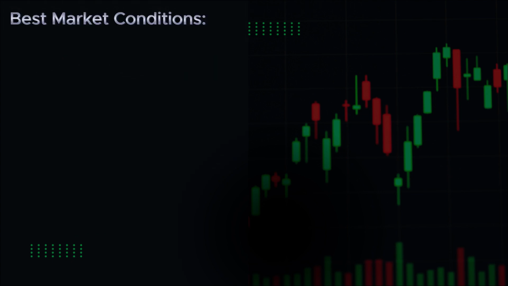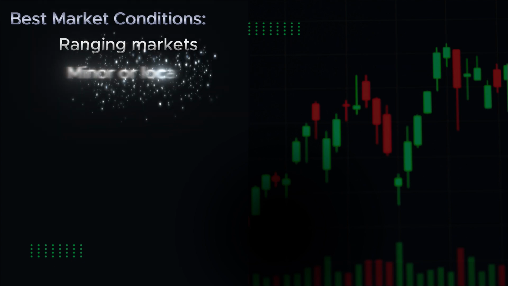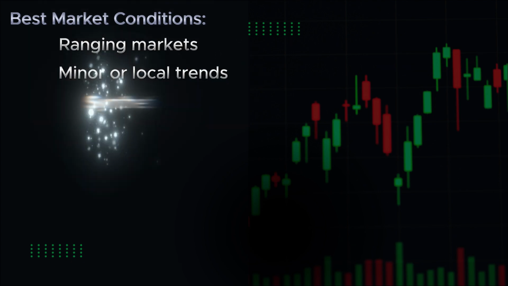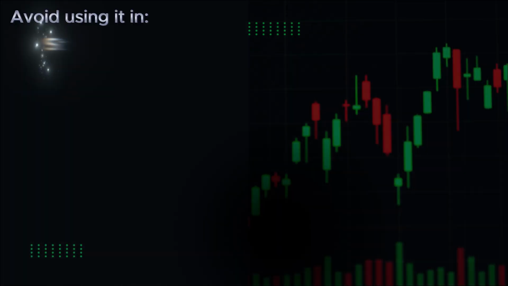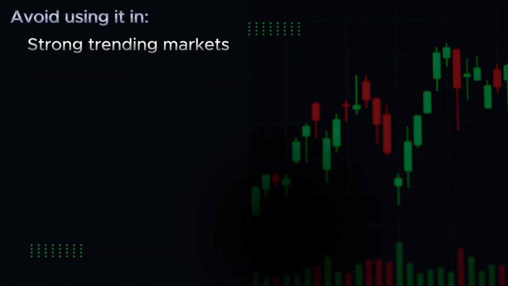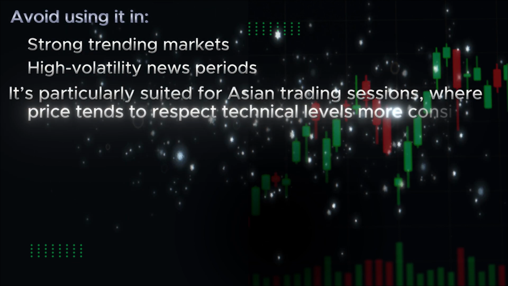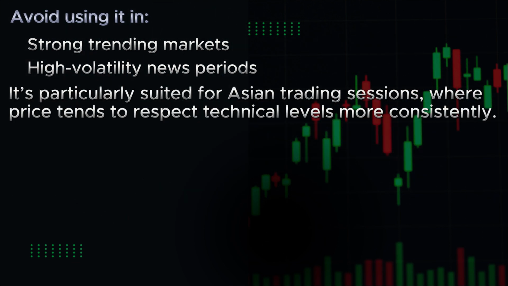Before we go any further, here's where this strategy shines best. Works great on ranging markets, minor or local trends, synthetic or low volatility currency pairs. Avoid using it in strong trending markets or high volatility news periods. It's particularly suited for Asian trading sessions, where price tends to respect technical levels more consistently.